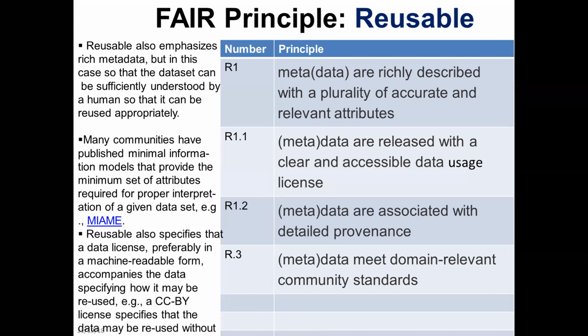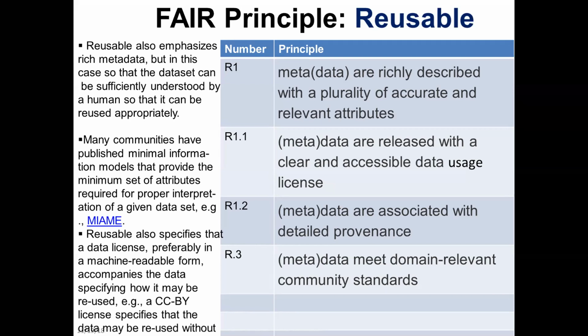So all these things to make your data reusable, it has to have accessible data storage and a license, whether free, or with money if you are working in a commercial company. Metadata R1.2 are associated with detailed provenance.